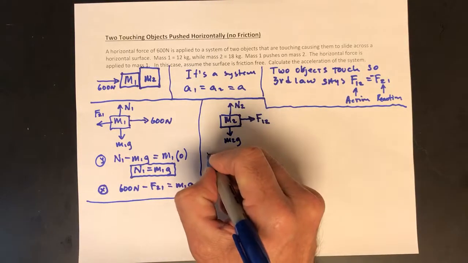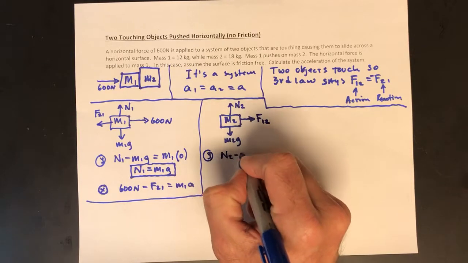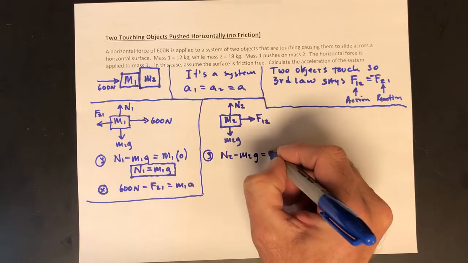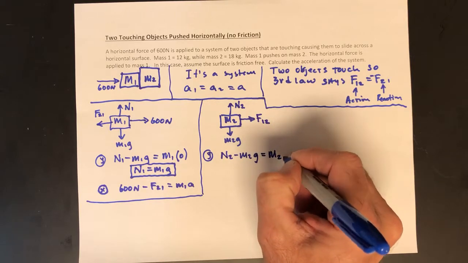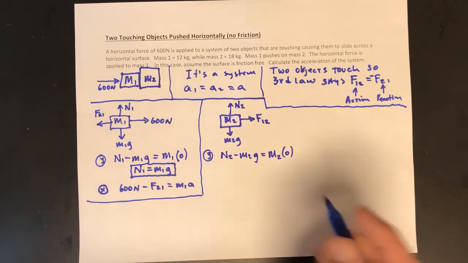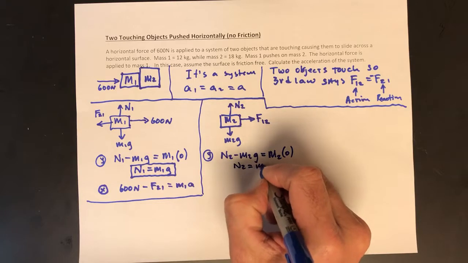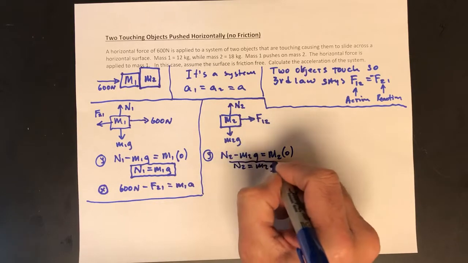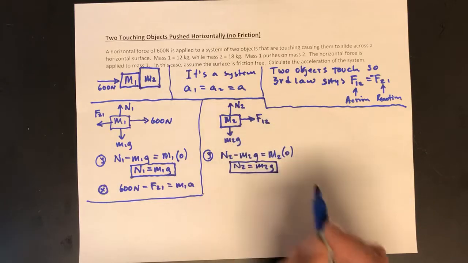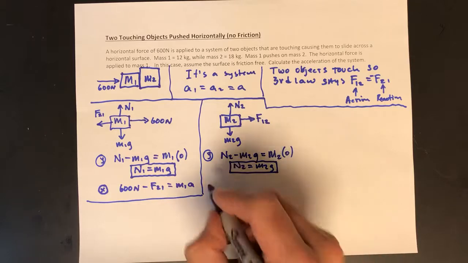So let's summarize. In the y direction, we have the sum of the forces, N2 minus M2g, and that's going to be equal to M2 times 0. It's 0 because it's not moving up or down. And that means that the normal force on 2 is equal to the weight of object 2. M2g is the force of gravity. That's also called weight.